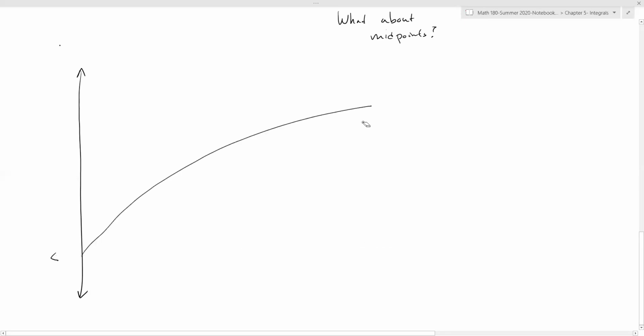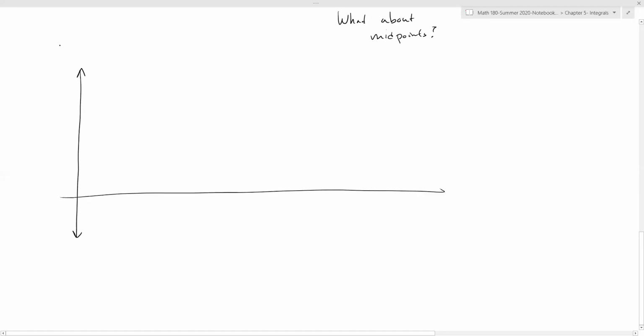You know what? I'm going to give myself a little bit more room on the bottom. There we go. Here's 4. Here's 0. And now we'll go 1, 2, 3, and 4.